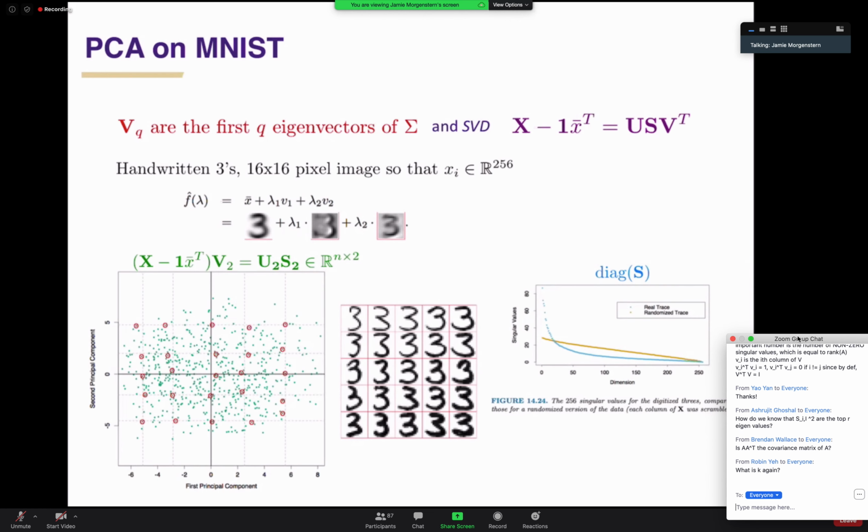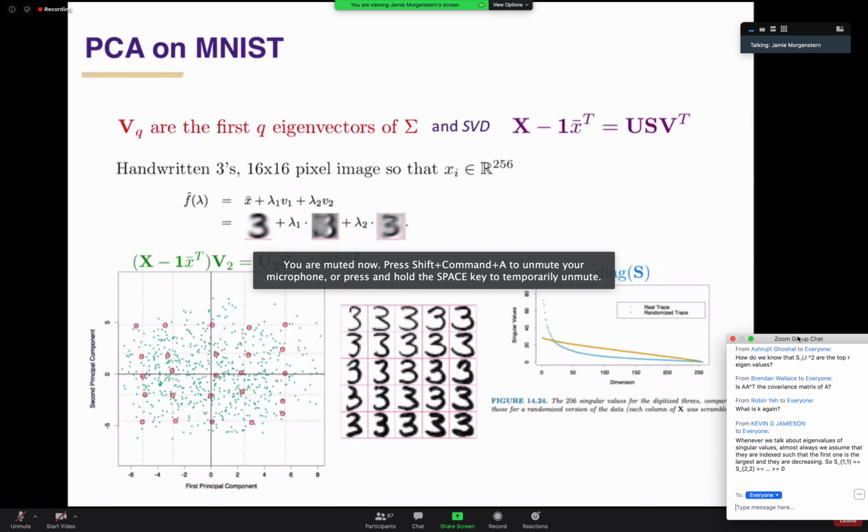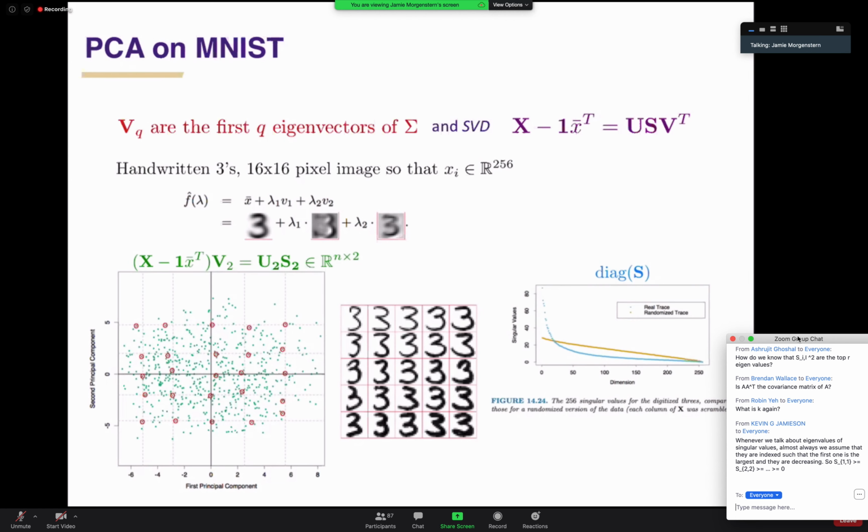It's also somewhat instructive, and your current homework asks you to do some things related to this particular slide, so it might be useful to glance at it. If you run PCA on a data set such as MNIST, and you think about the set of images of the digit 3, the average value of the 3's in the data set looks like this.